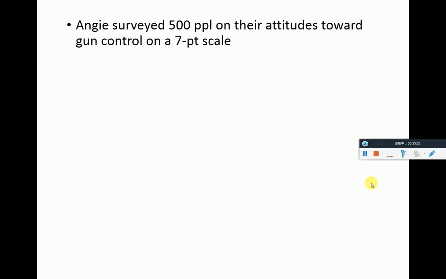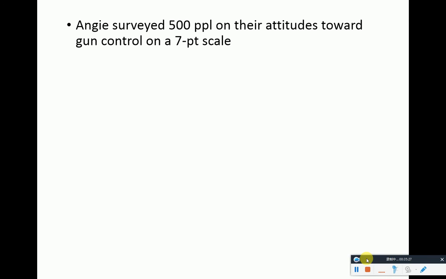So imagine Angie surveyed 500 people on their attitudes toward gun control on a 7-point scale. And then we know from working with the numbers that the average score of these 500 people is 4, and the standard deviation of this sample is 0.5.